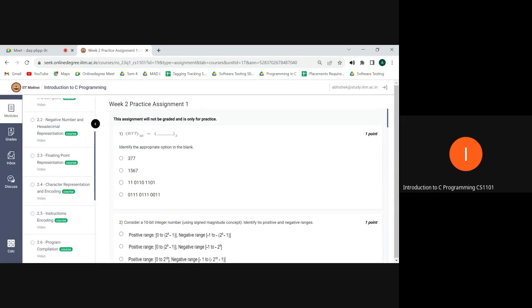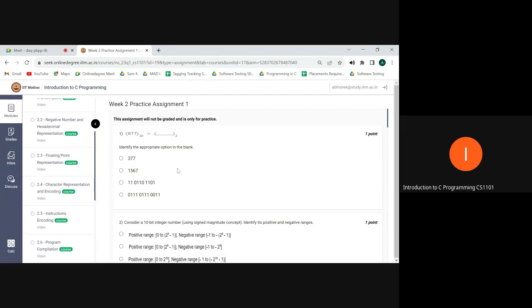So right now we are given a number 877. As you can see, 10 is mentioned in the subscript here. So this represents that this number is in the decimal form, and we have to convert this decimal representation into binary. We are given certain options here, and we have to find out which one of these is the correct binary representation for this decimal number 877.